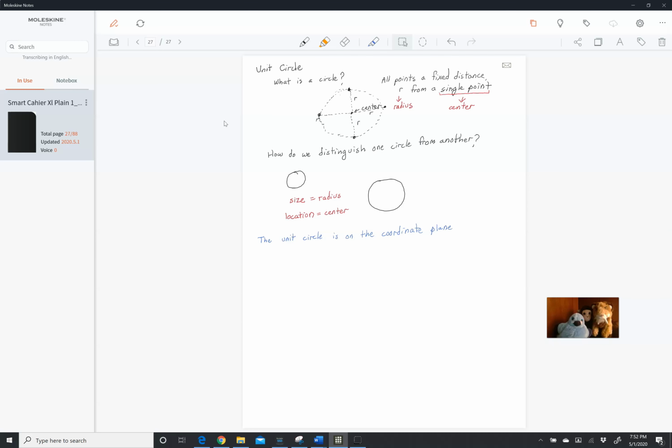So the unit circle is on the coordinate plane, and its size, or the radius, is equal to 1, and its location, or its center, is at the origin, at 0, 0. So in other words, if we were to draw this circle, and don't worry, I'm going to show you an accurate version of the circle as well.